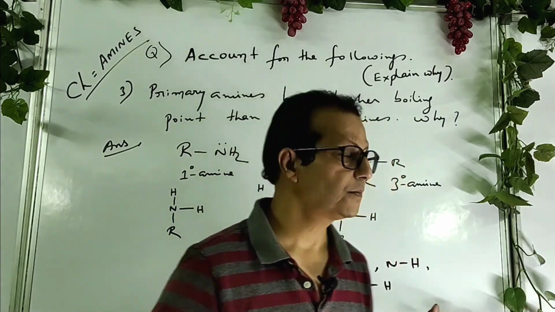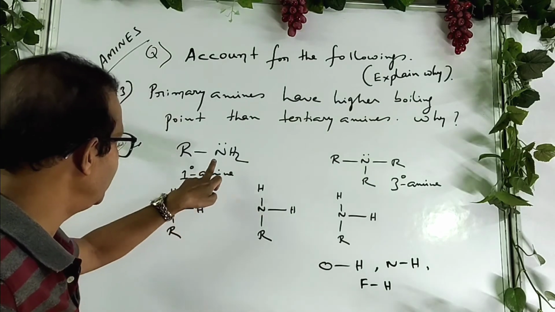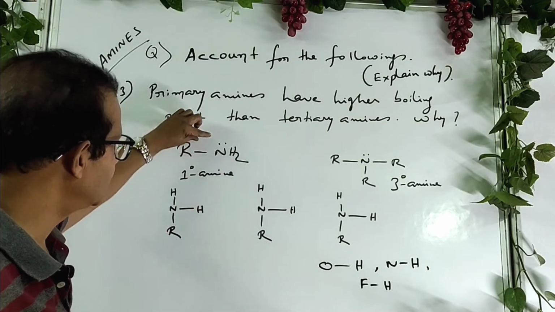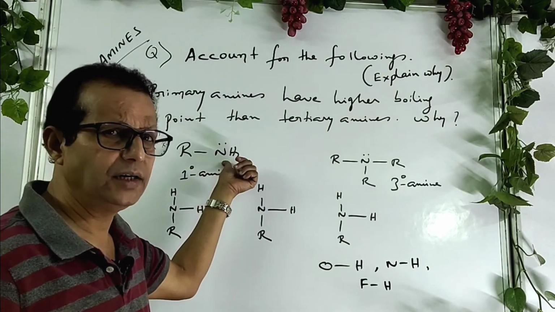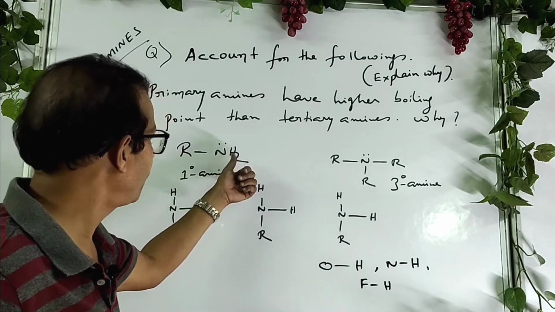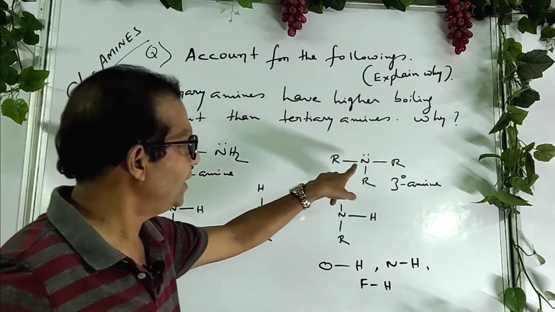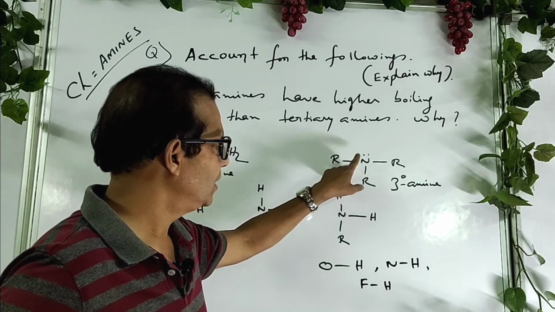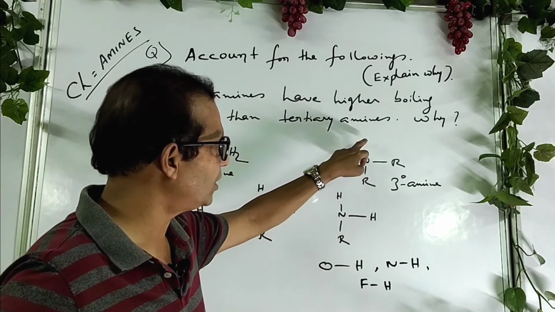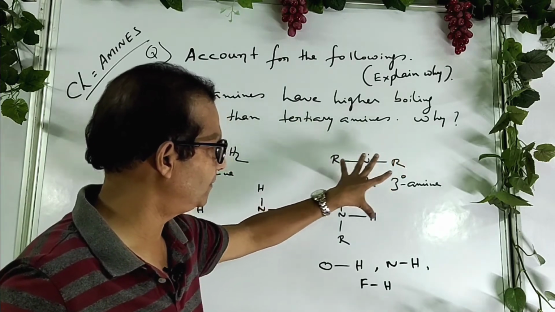See the structure. In primary amine, you can say methylamine, ethylamine, anything, there is a nitrogen-hydrogen bond. In tertiary amine, the nitrogen is not attached to hydrogen anywhere.